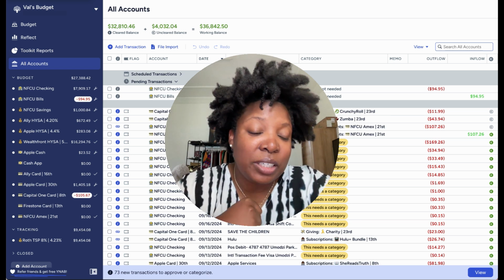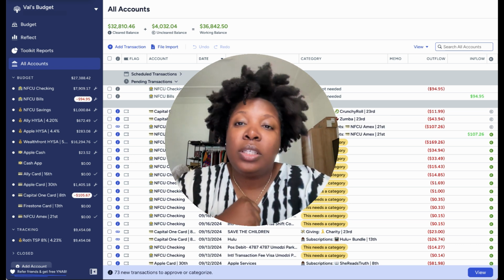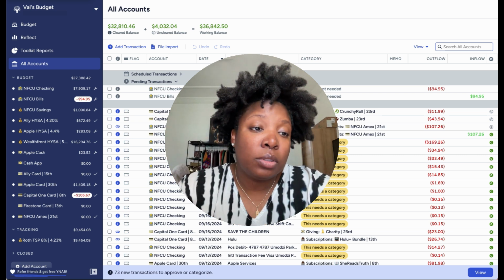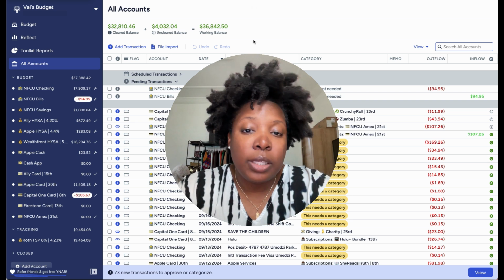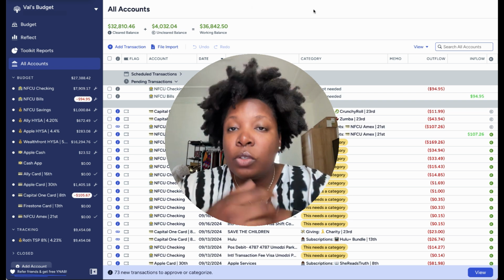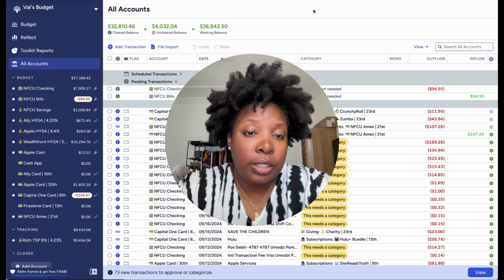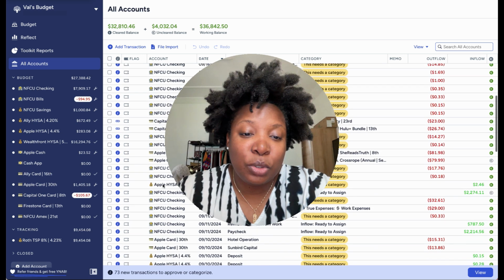Because I have so many transactions, I'm going to work from the actual account. So I'm going to do my checking account first instead of approving them on this all account screen, which is what I normally do when I don't have so many transactions. But having this many, I can't go through.